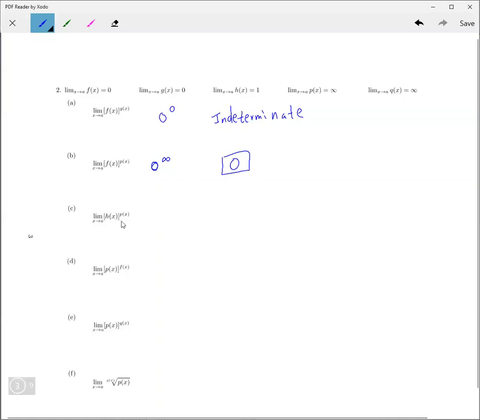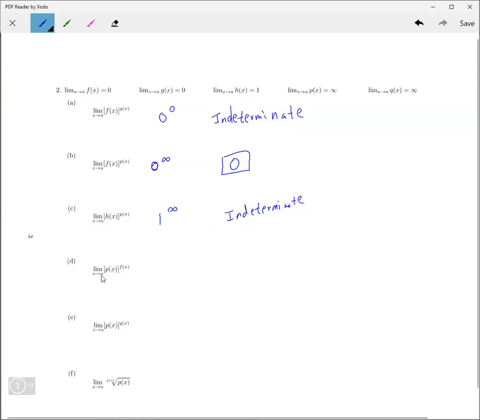Okay, next one, h is going to 1, and p of x is going to infinity. This is going to be indeterminate, and basically it could end up being anything between 0 and infinity.